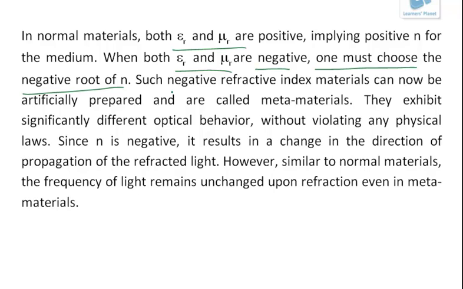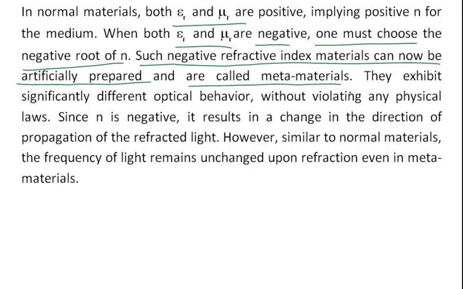Now this is given in the passage. We have to choose the negative value of refractive index. Such negative refractive index materials can now be artificially prepared and are called metamaterials.